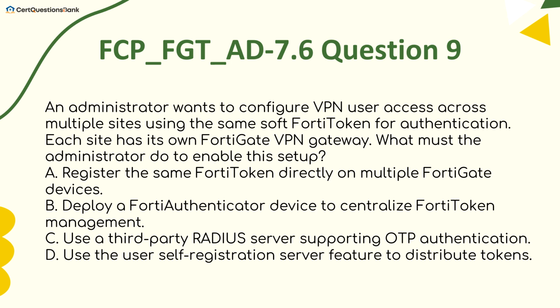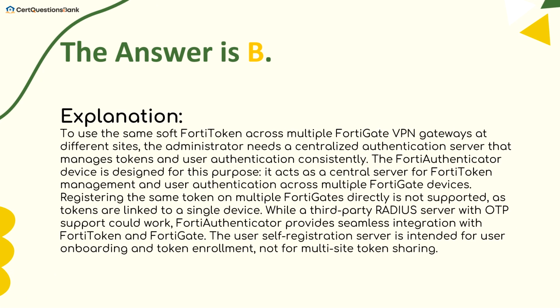B. Deploy a FortiAuthenticator device to centralize FortiToken management. C. Use a third-party RADIUS server supporting OTP authentication. D. Use the user self-registration server feature to distribute tokens. The answer is B.